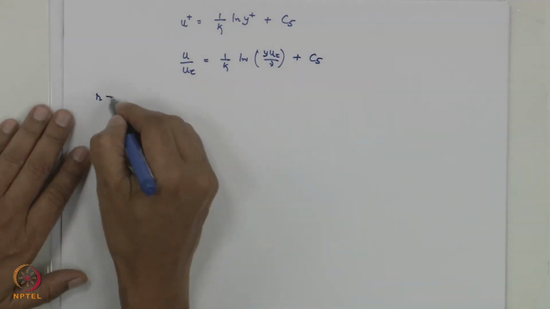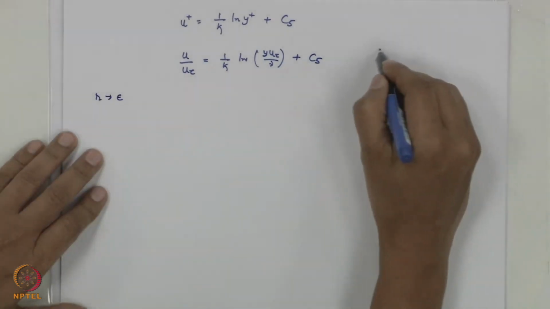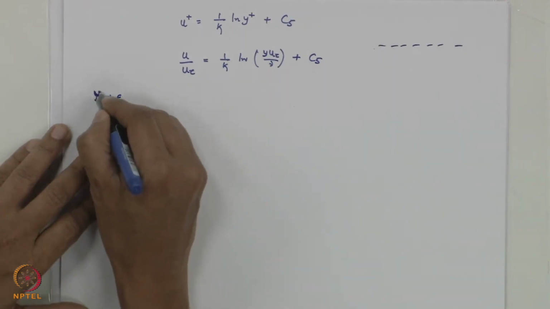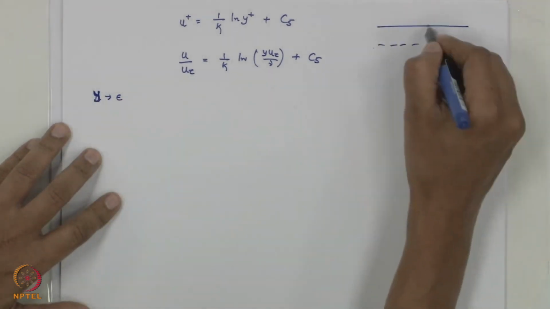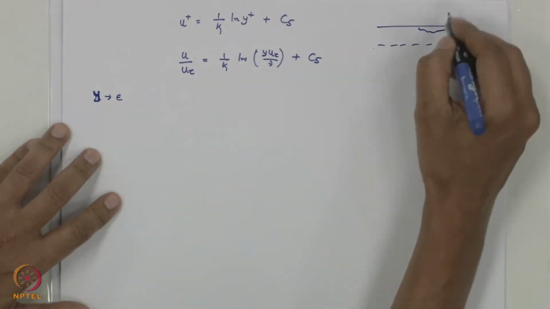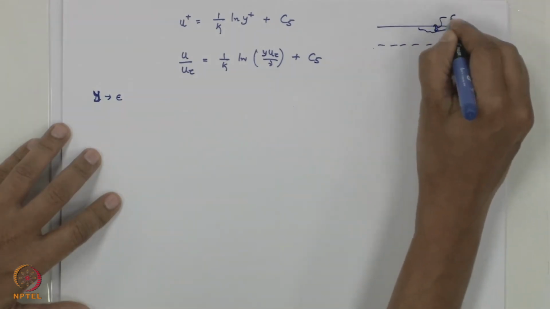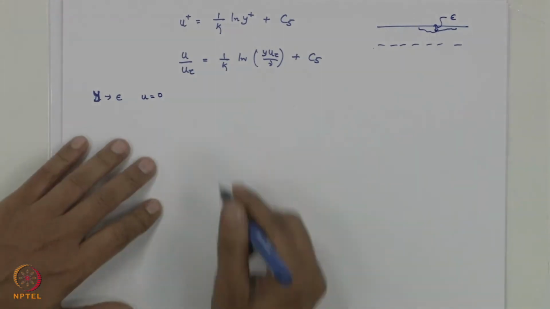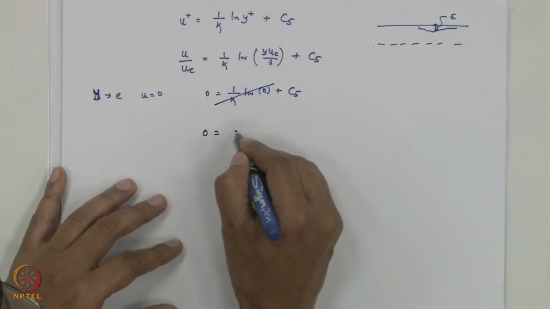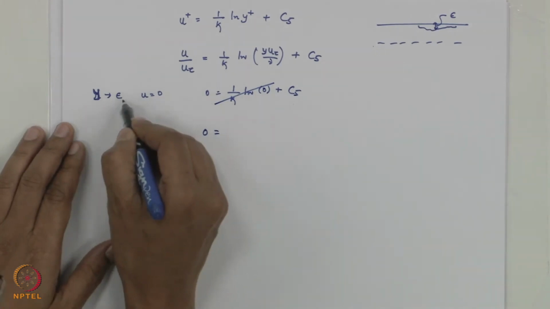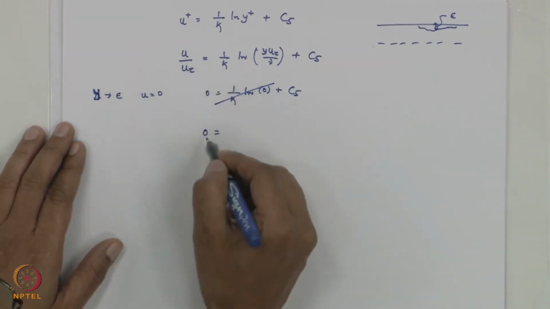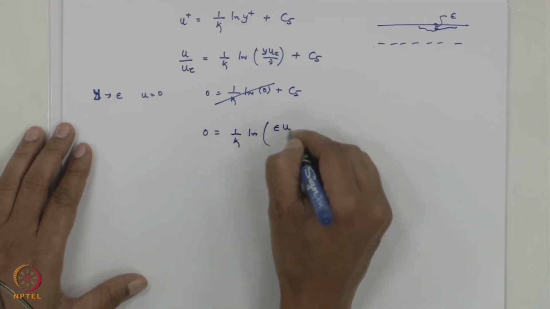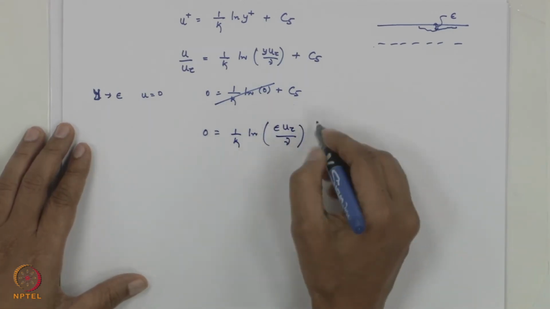When y tends to epsilon, that is at the surface, this is my rough surface, my u is 0. So I get 0 equal to 1 by kappa log of epsilon u tau by nu plus C5.